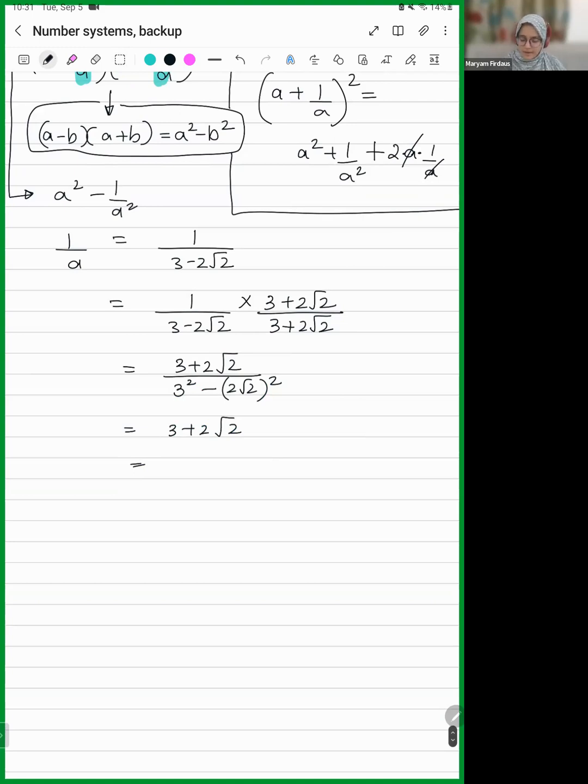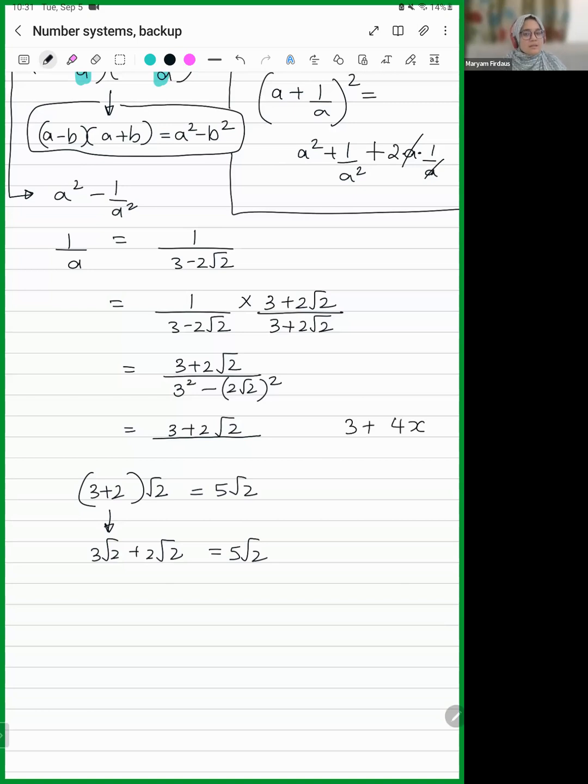No, no, no. Why will it be 5 root 2? See, if it was 3 root 2 plus 2 root 2, then it would be 5 root 2. But let me give you another example, Avni. If you have 3 plus 4x, does it mean it is 7x? No, right? Because this is basically 4x plus 3 and this is very different. If you have 3x plus 4x, then that will become 7x.